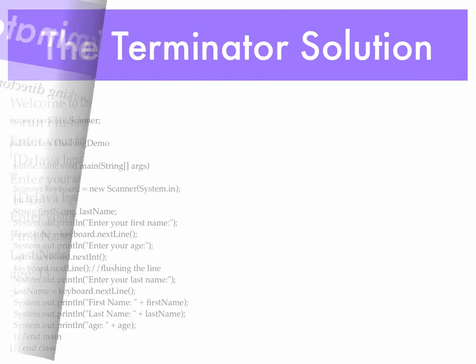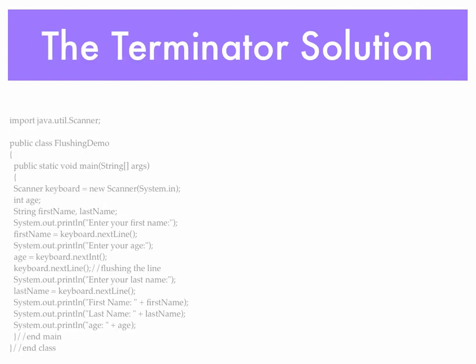So how do I deal with that? I'll flush the line. You see, this code looks very similar to what I had before. I ask for the first name, I call nextLine, save what's returned into firstName. I then ask for the age, call nextInt, put it into age. But I then call nextLine, not saving what is returned into any space. I just have the line keyboard.nextLine. That's flushing the line.